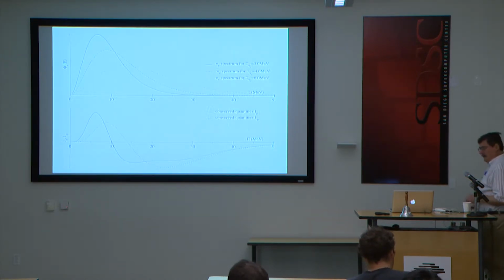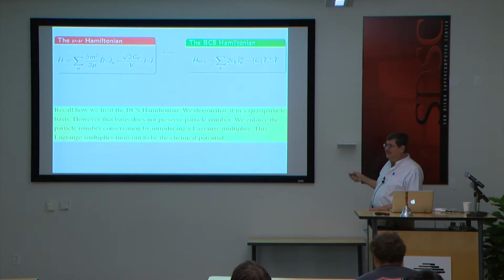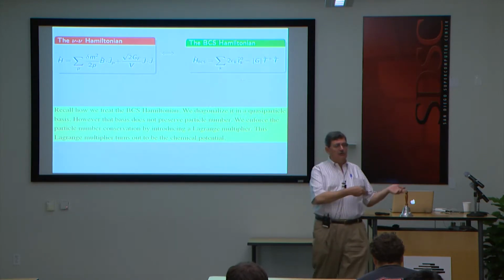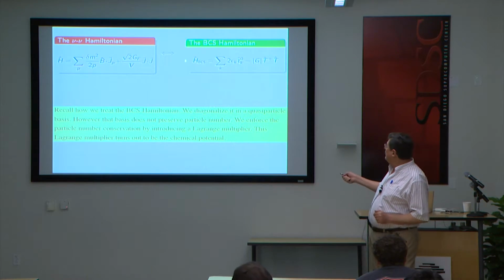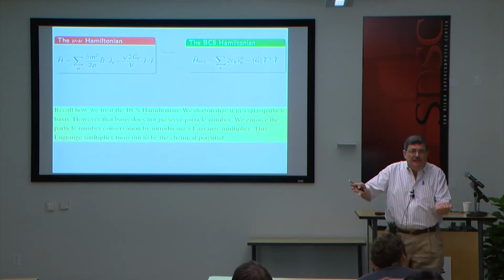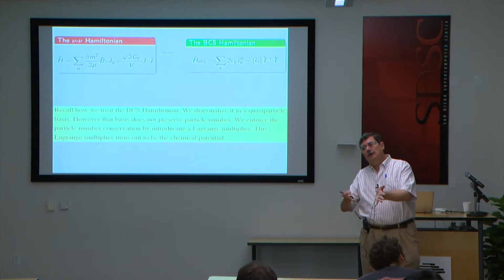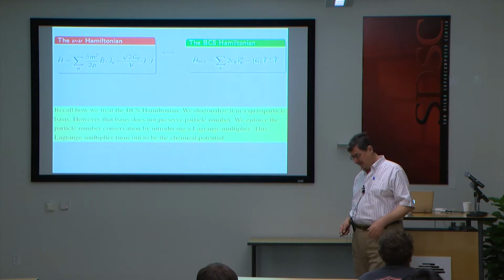Now, there's one other thing. In the case of the BCS Hamiltonian, typically we solve it by going to what we call a quasi-particle basis. Basically, you diagonalize this Hamiltonian in a rotated basis, just like the way we diagonalized the mass Hamiltonian, the free fermion Hamiltonian, earlier in the first lecture.